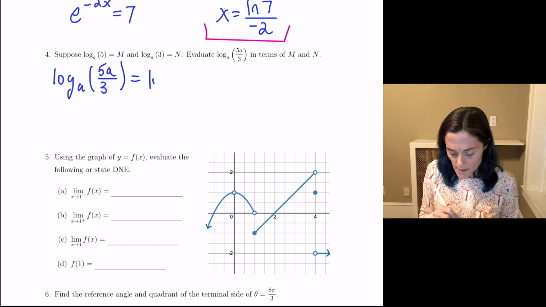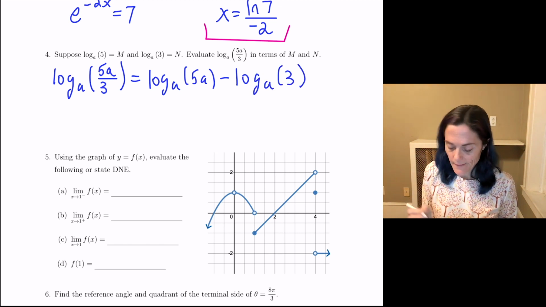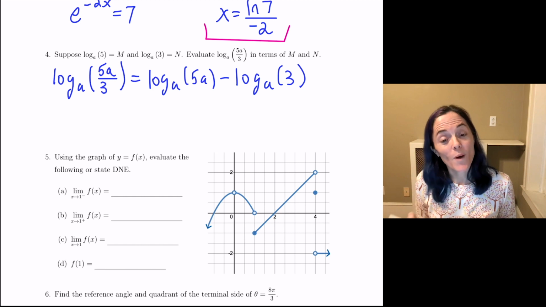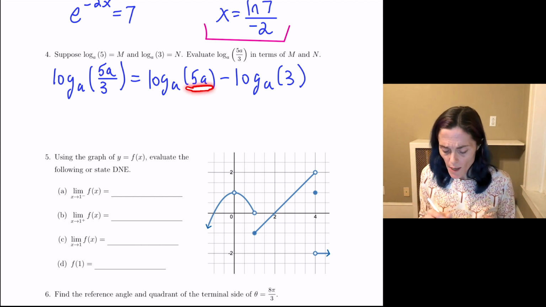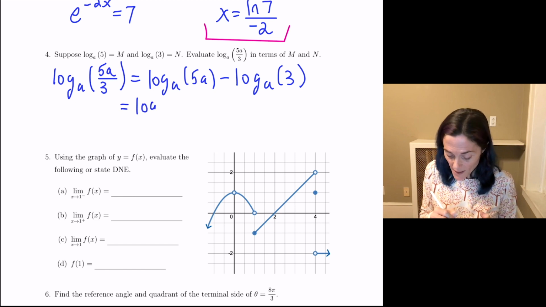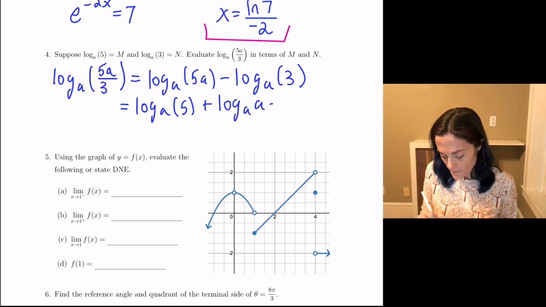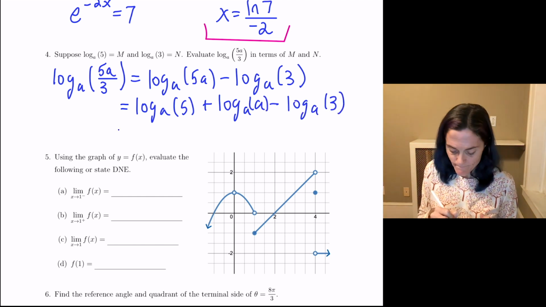So this becomes the log base a of 5a minus the log base a of 3. Really, I can think about one more step here. I have this product on the inside. So we have a product on the inside becomes this wonderful sum plus the log base a of a minus the log base a of 3.